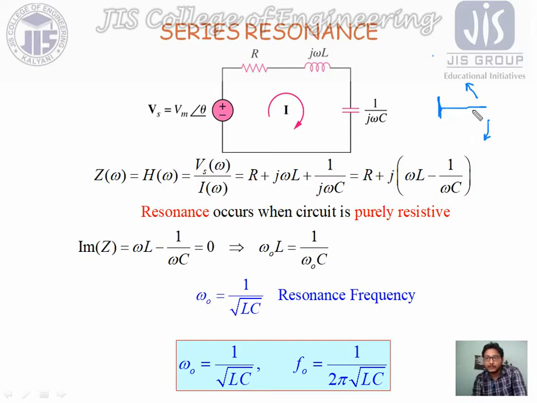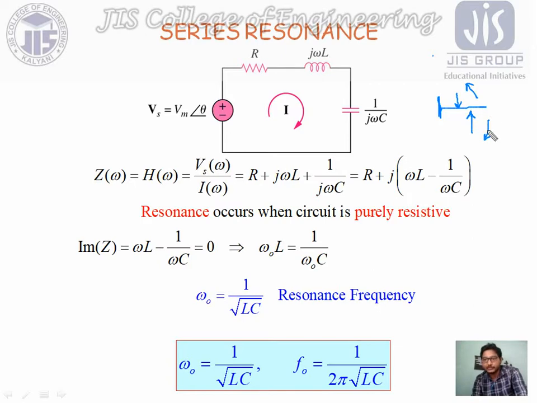Suppose one person is pushing the door on this side, and another person is also pushing the door on the other side. Who provides more energy, the door will move to that side. Similarly, the inductor and capacitor also try to send the current in two opposite directions.